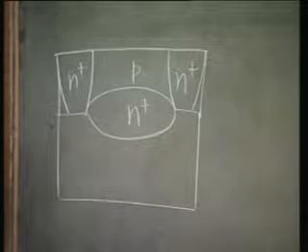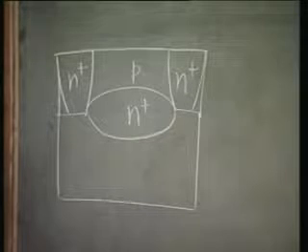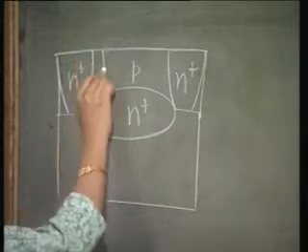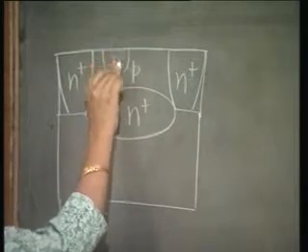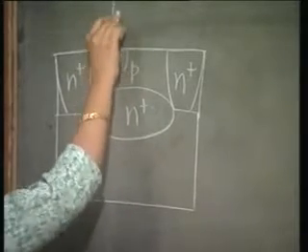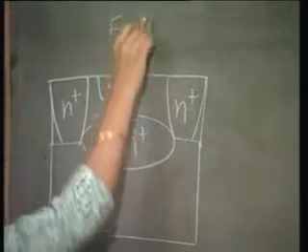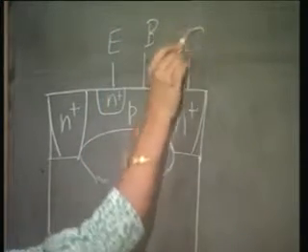Instead of diffusing p plus, you diffuse N plus, and then you can have your emitter. So, this is now your emitter, this is your base, and this is the collector.